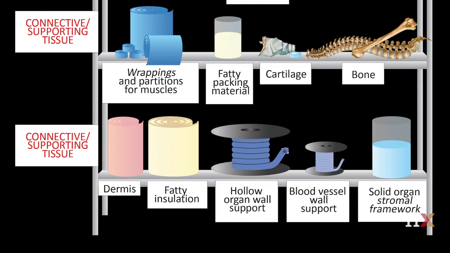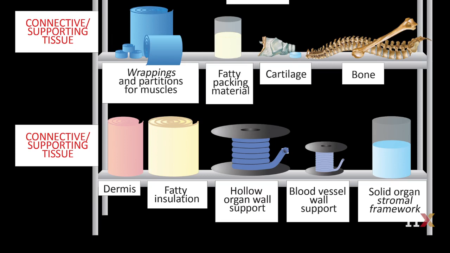And as supporting connective tissue for other tissues in the body, we have sheets of dense connective tissue that will be used to wrap around muscles and organize them into groups. We have dense connective tissue that will form tendons attaching muscles to bone, that will form ligaments attaching bones to bones at joints.